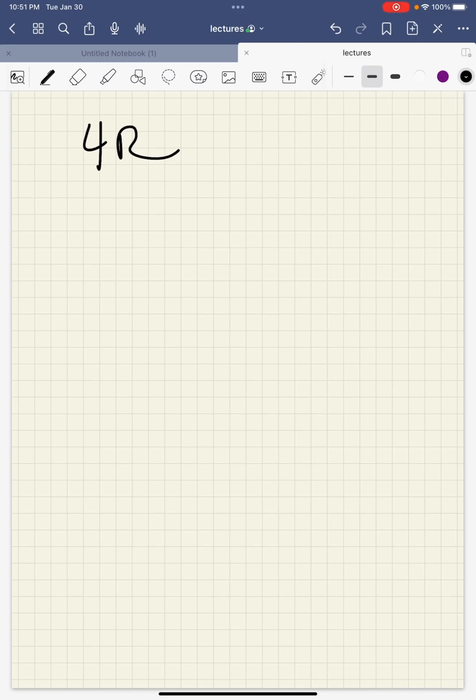4 reds, 7 blues. Letter B says, what is the probability that the first is red and the second is blue without replacement? So the first one being red is the same. It's 4 over 11. That doesn't change. Now we want a blue one. Well, we already pulled a red one out. That doesn't affect the number of blues.